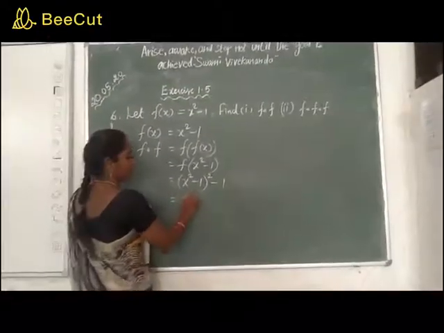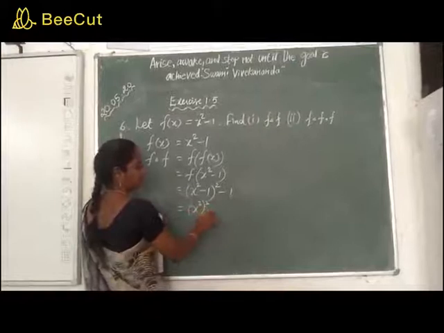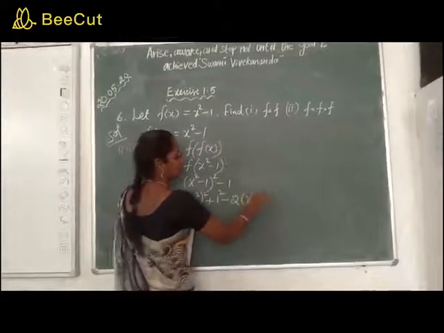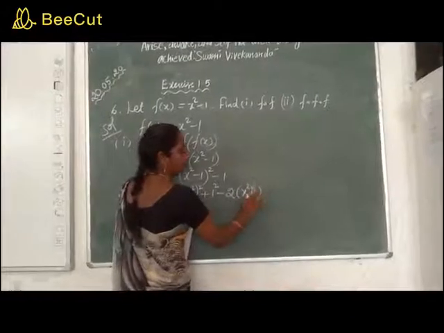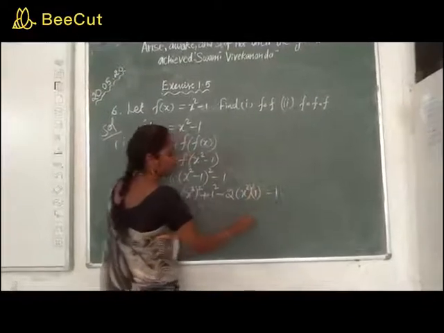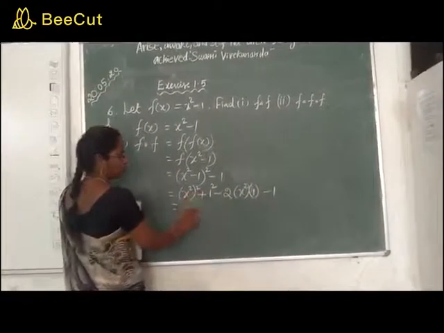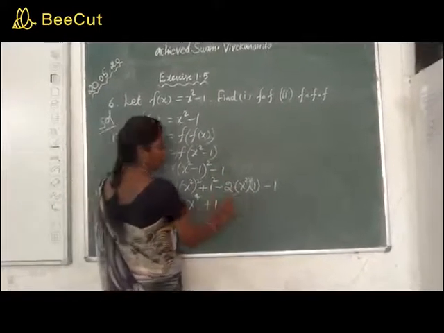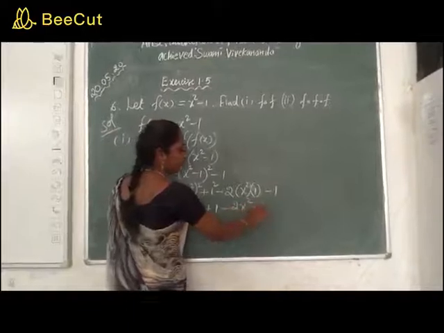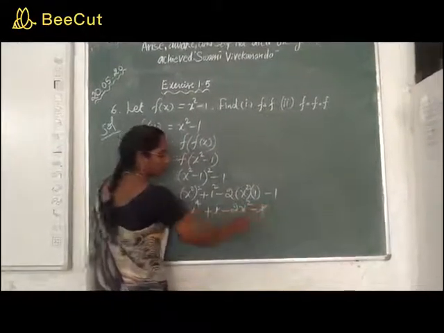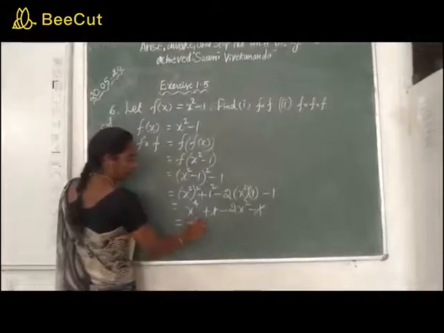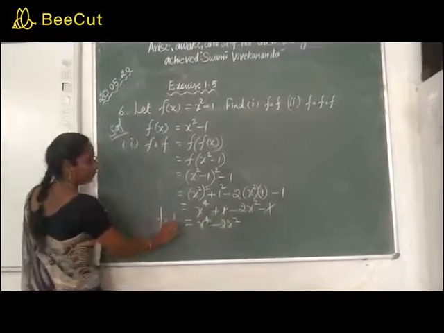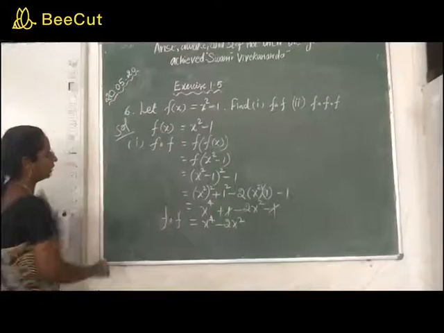So a is x², squared, plus b is 1, squared, minus 2ab: 2 twos are 4, x to the power 4, 1 squared is 1, 2 into x² is 2x², minus 1. So plus 1 minus 1 cancel. We have x⁴ − 2x², the value of f∘f.